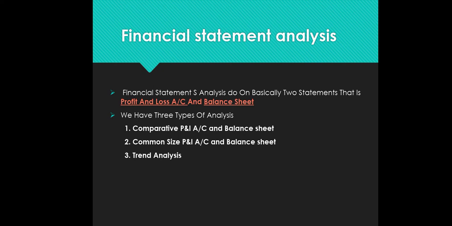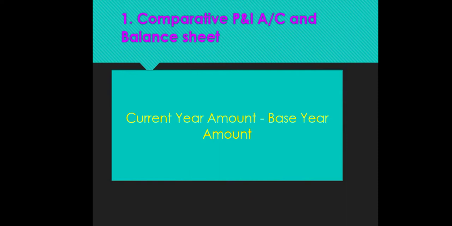Now I am going to explain the comparative P&L account and balance sheet. For preparing the comparative P&L account and balance sheet, we need to know some formulas. For calculating change in value, we need to identify the current year amount and the base year amount.